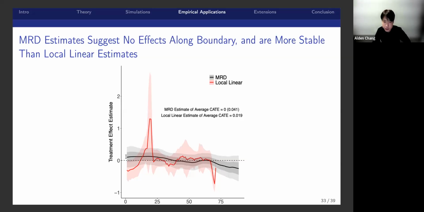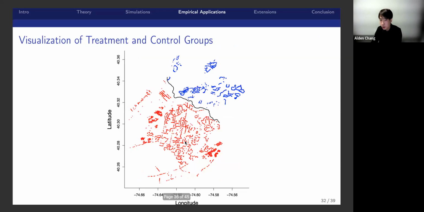They do this by collapsing the two running variables, longitude and latitude, into a single running variable, which is distance to the boundary. What they are doing is kind of similar to what I was describing in the simulation example just now, where we use a single-dimensional method to estimate heterogeneous treatment effects.